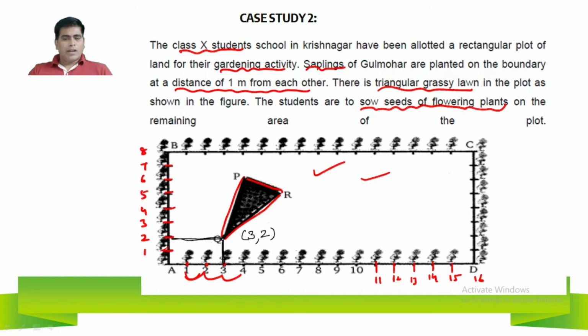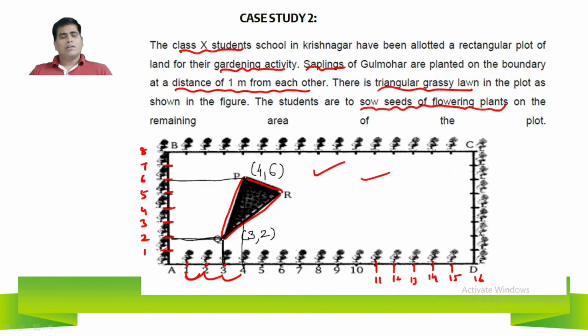Similarly, dropping the perpendicular on the x-axis from P gives 4, and on the y-axis it gives 6. The position of P is 4, 6, another vertex of the triangular grassy land.